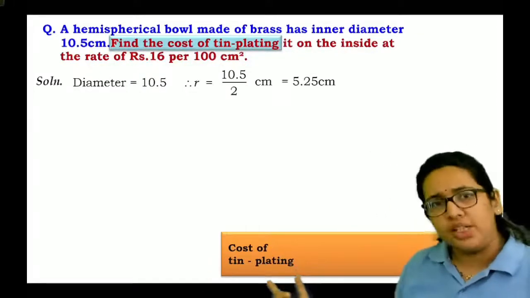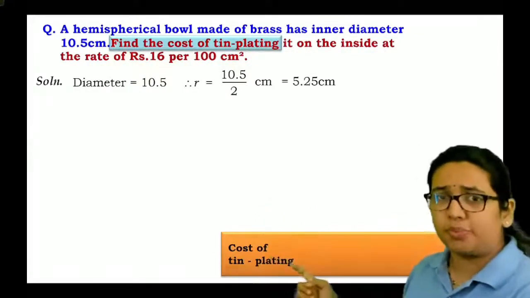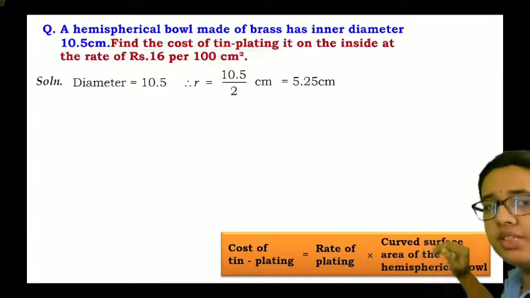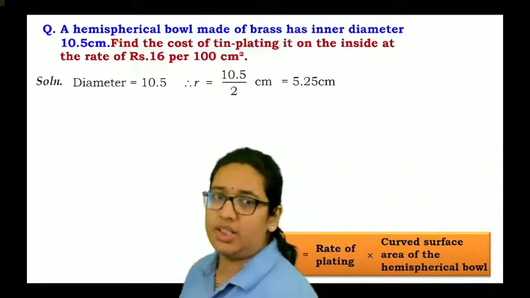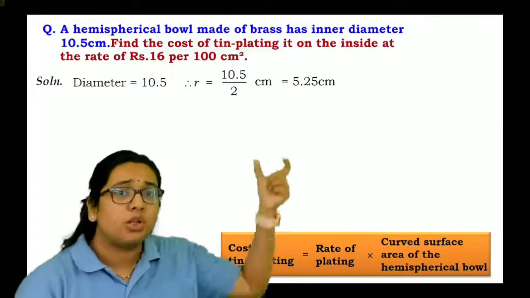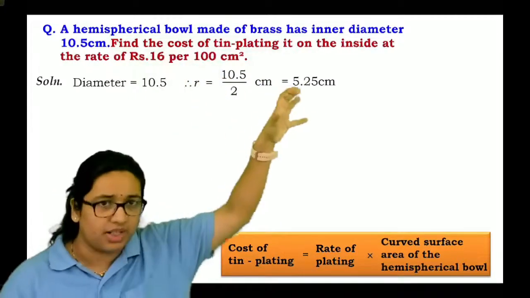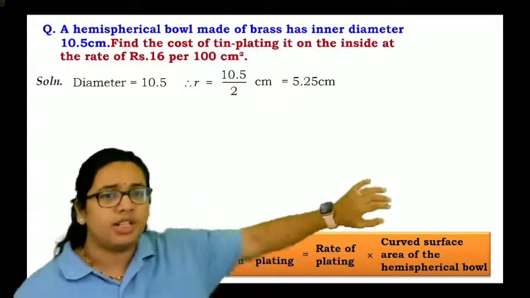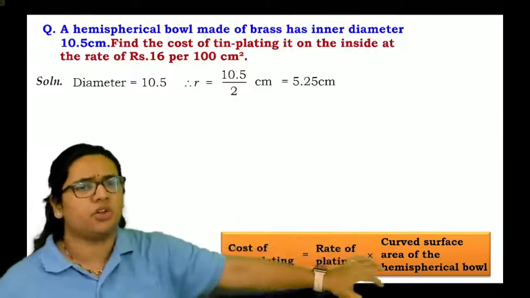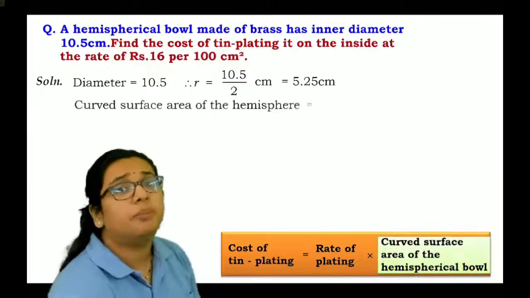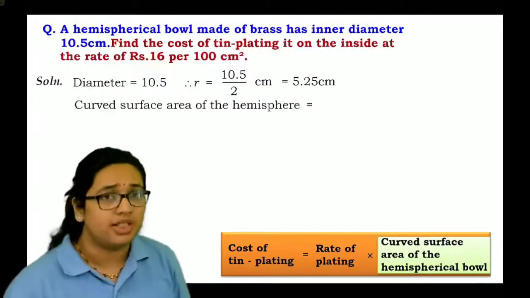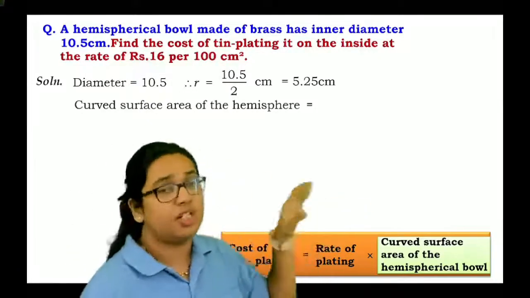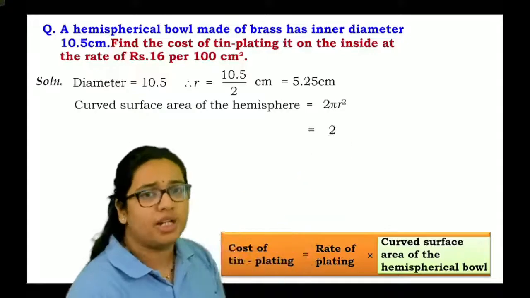So the cost of tin plating is the rate of plating into the curved surface area of the hemispherical bowl, right. We have to calculate the curved surface area because it was a hemispherical bowl and that too we had to consider the inside. Right? So we can consider here the curved surface area of the hemispherical bowl. Fine, but we know that the curved surface area of a hemisphere is the total surface area of a sphere divided by 2, that is 2 pi r square.